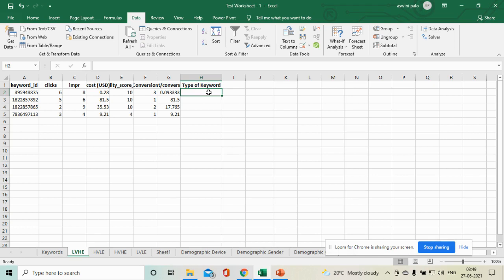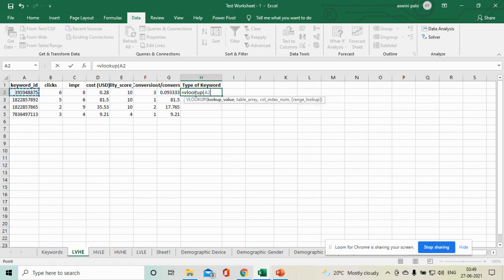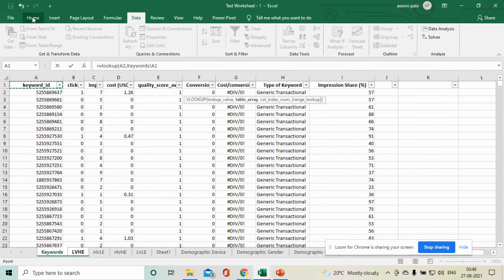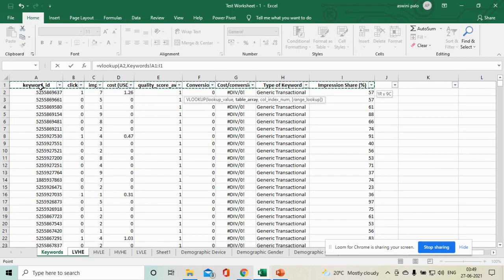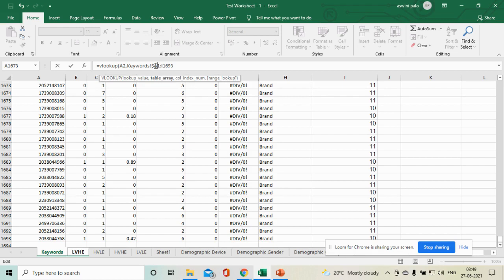For that, we will use VLOOKUP for this particular keyword, comma, and we will consider this entire table and fix it by adding the dollar sign here.